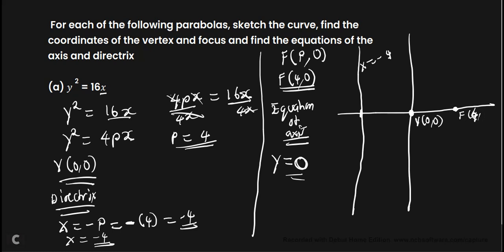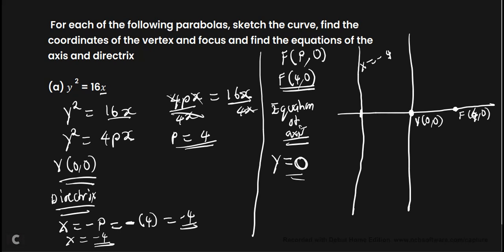As we discussed earlier, the parabola is supposed to go around the focus, right? What is the focus here? The focus is (4, 0).